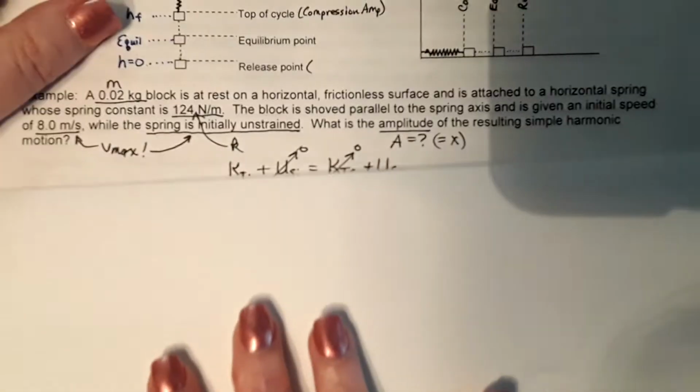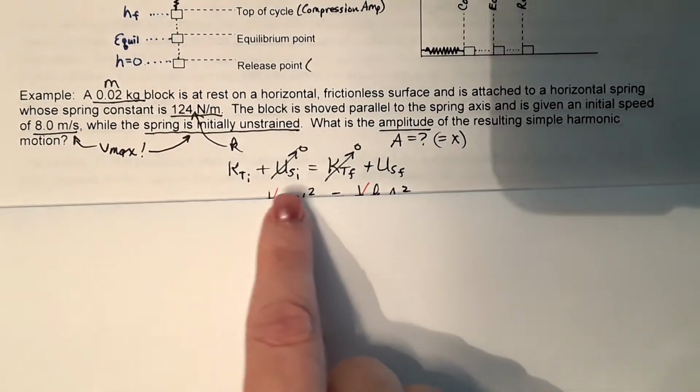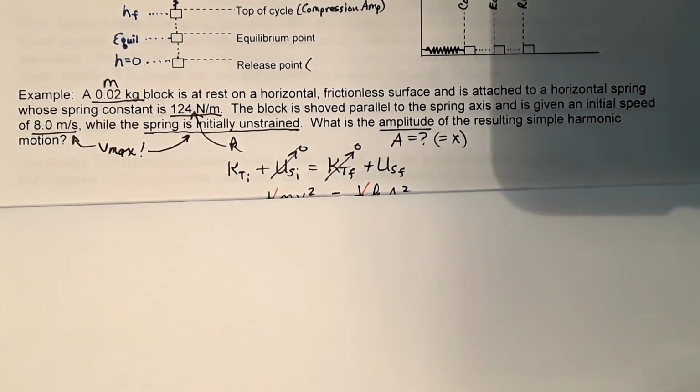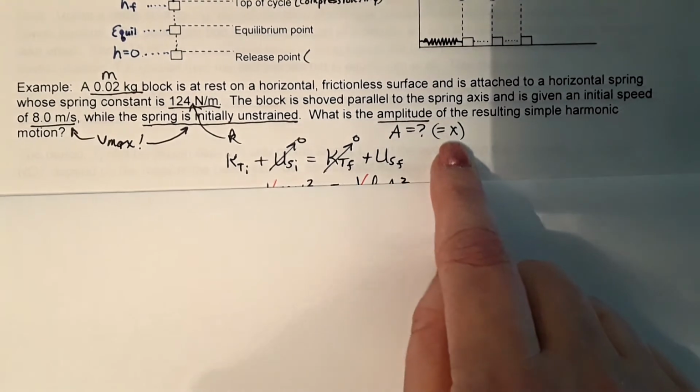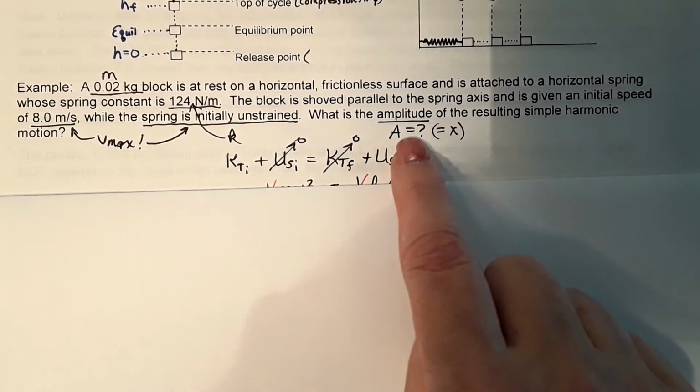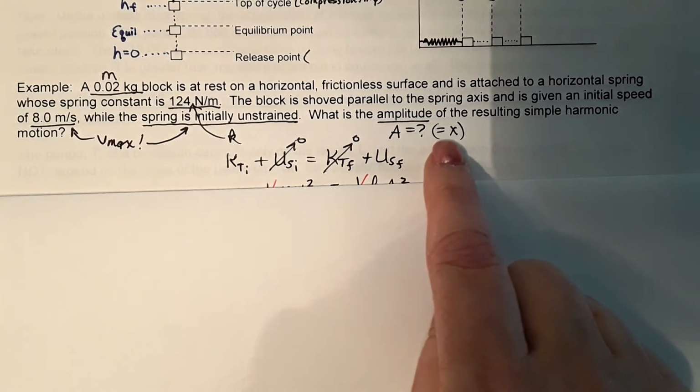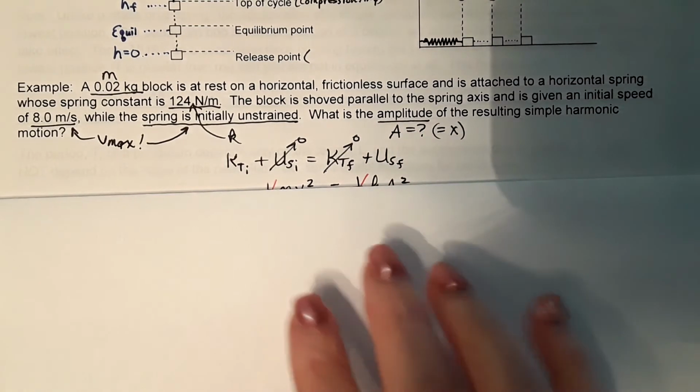Okay, for this example, we're going to start with conservation of mechanical energy. All right? So what we want to do is look for the maximum stretch. That's where the amplitude is. Remember, that's also where the kinetic energy is zero and you have maximum spring energy. So let's take a look.